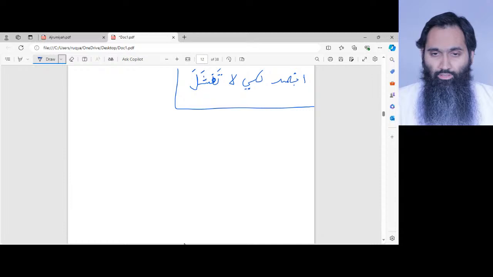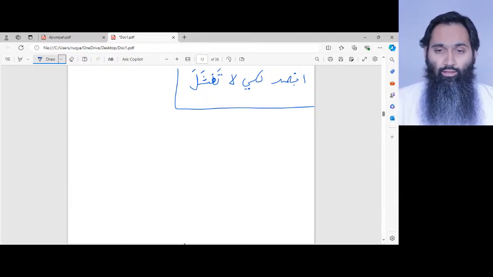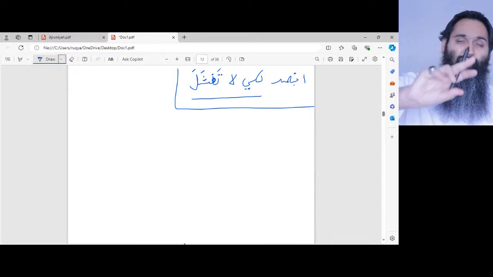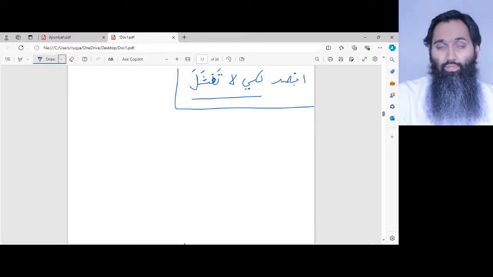Okay, let's do the i'rab of this. Before we do the i'rab, remember this is going to be turned into a masdar. The K and the fi'l mudari that comes after it is going to be masdar mu'awwal, and it's going to be majroor with this lam.